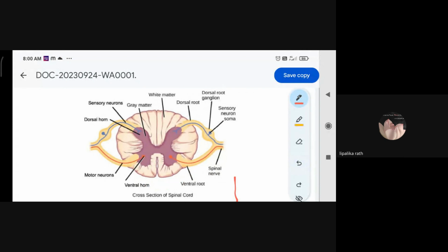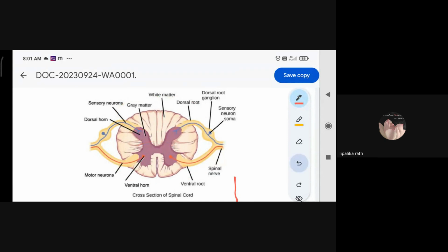We have already discussed that our abdomen is softer than our back side, so the back side is the dorsal region. In the spinal cord also, we use the terms dorsal and ventral. Ventral is the frontal region, and dorsal is the back portion.